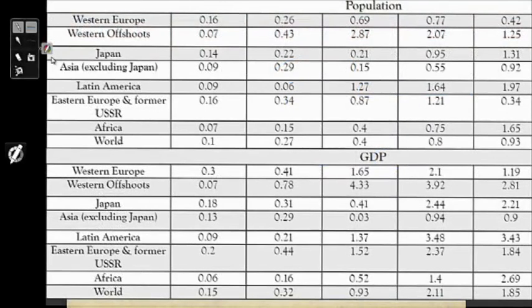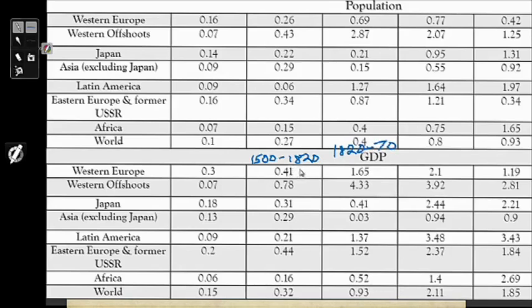Now I want to look at total product, total GDP. 1500, again, going back to that period, this is 1500 to 1820. This is 1820 to 1870.